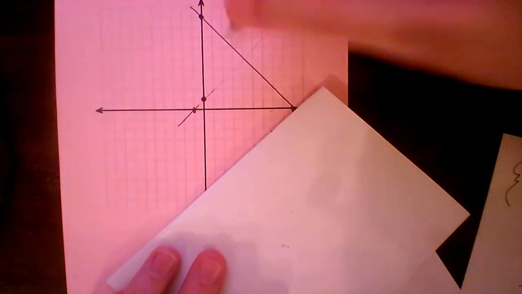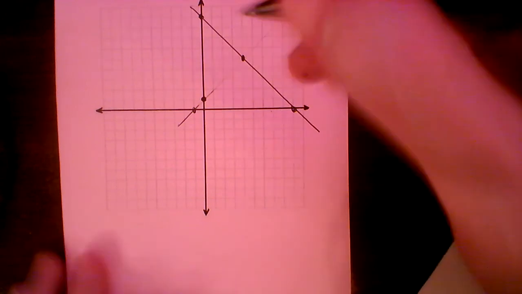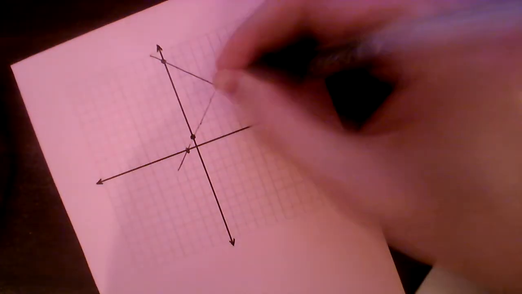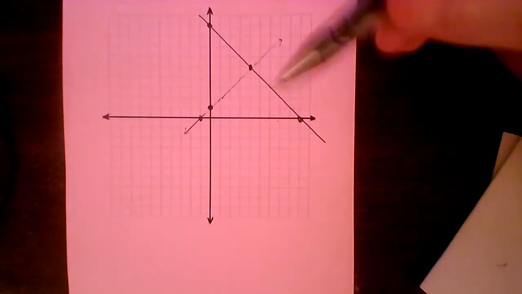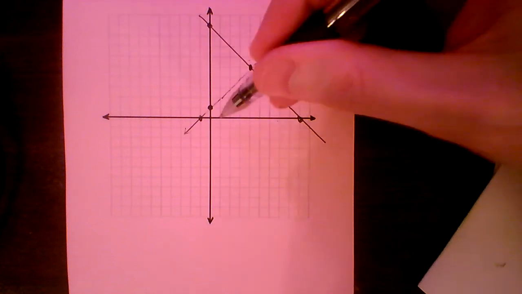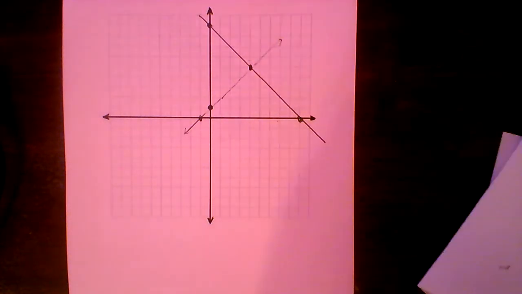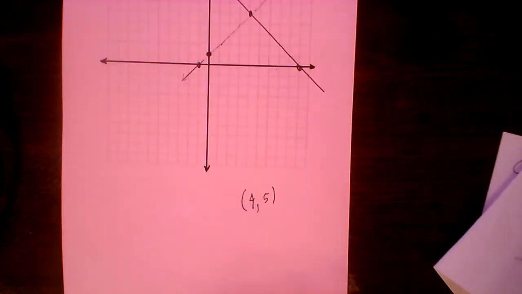And so as long as I've done a good job, I can find that point where these two lines cross. Okay, and so the solution to the system is just going to be at this point right here, which is 1, 2, 3, 4, 1, 2, 3, 4, 5. And so 4, 5 is the solution to my system.